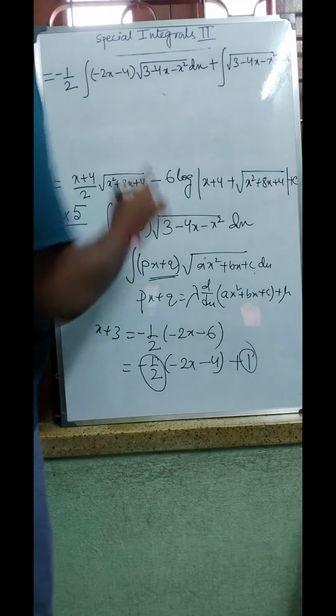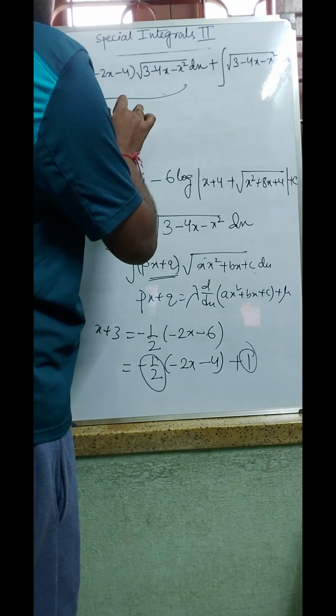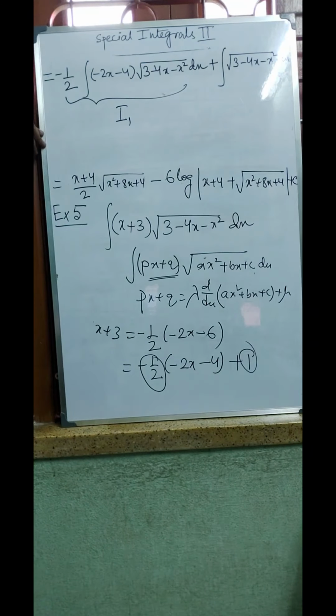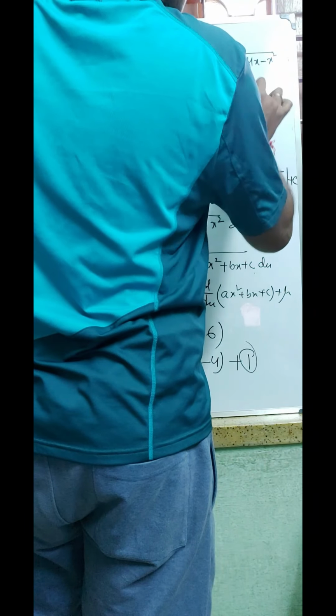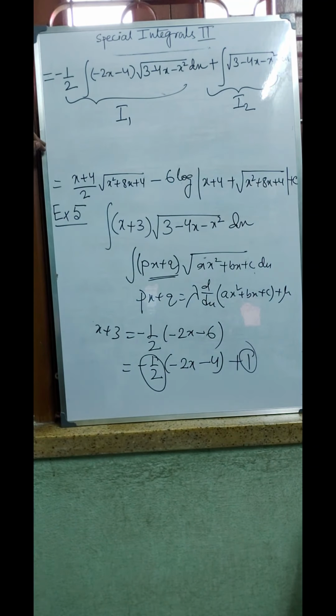Now mark the first whole thing as your I1, that is the first part of the integration. Mark the second whole thing as I2, the second part of the integration. We will be doing it separately.